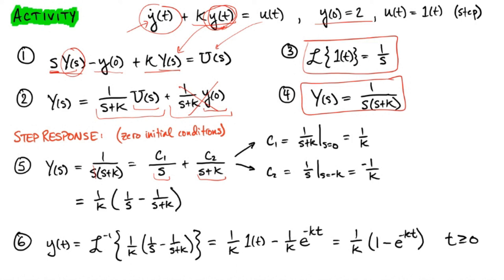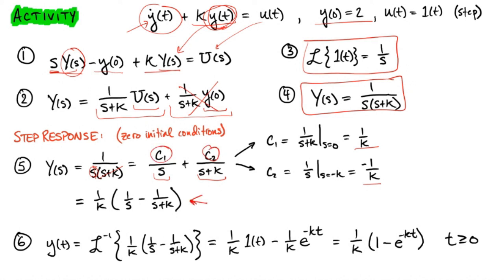That gives me 1 over k. Then I'm going to multiply by s plus k, which leaves me with s, and evaluate at s equal to minus k, and that gives me minus 1 over k as my second constant.